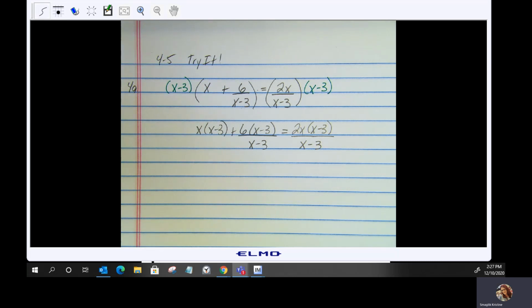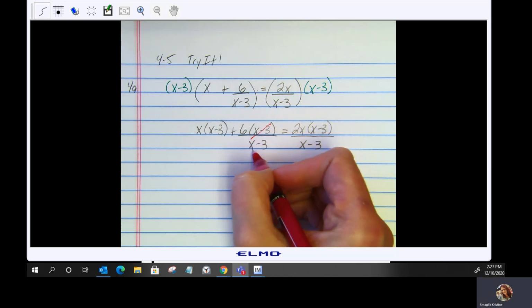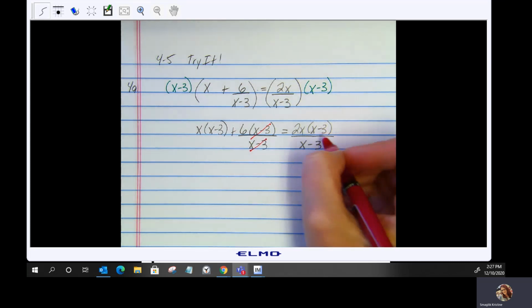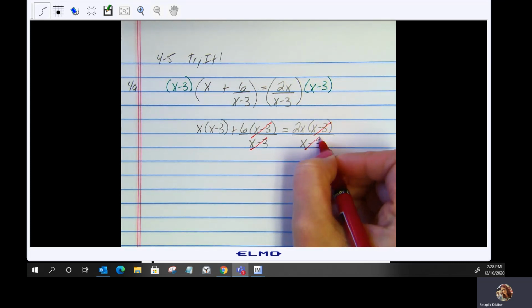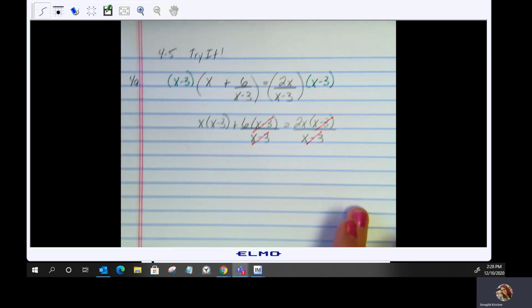And now let's reduce. I can reduce out the x minus 3 over x minus 3, and I have it over here too. I can reduce that.